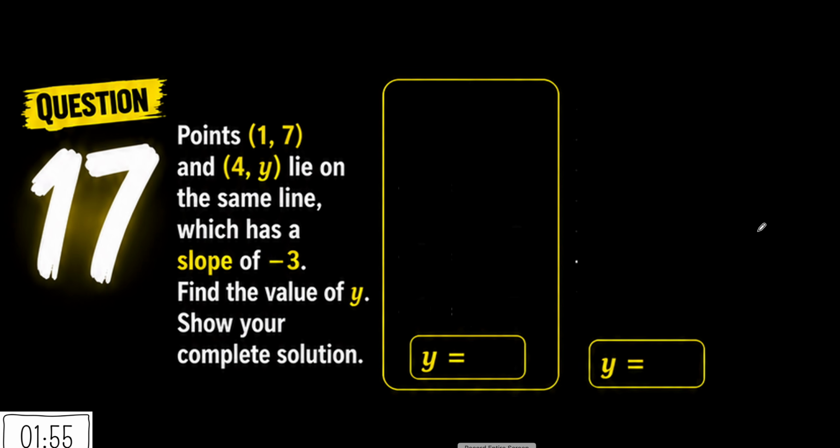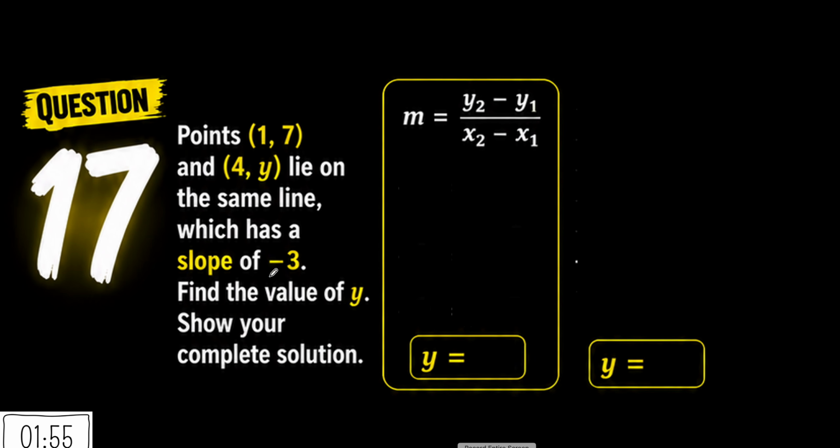Okay, so question number 17. Points 1, 7, and 4y lie on the same line, which has a slope of negative 3. Find the value of y and let us show our complete solution here. Of course, ang formula ng slope is y sub 2 minus y sub 1 over x of 2 minus x of 1.